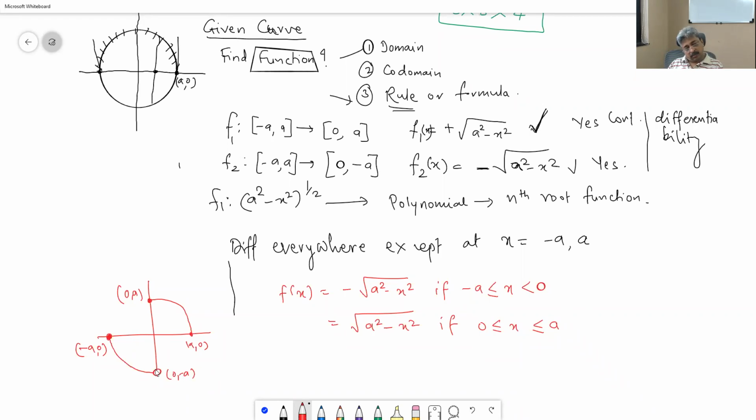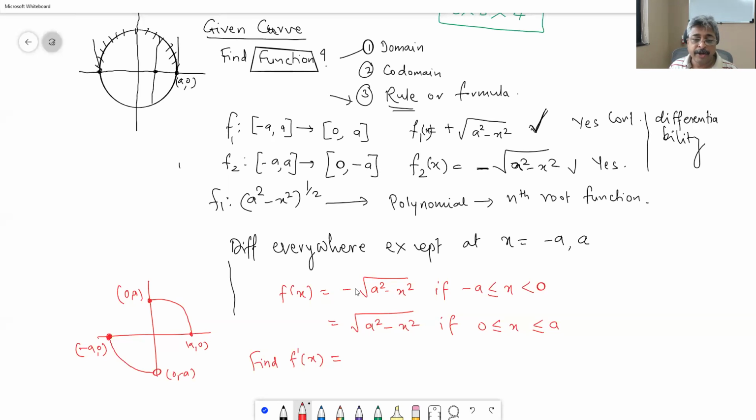Now find f dash of x. In this case, I want an algebraic formula. What is f dash of x for this function? What is the derivative of the first part? Can you tell me?